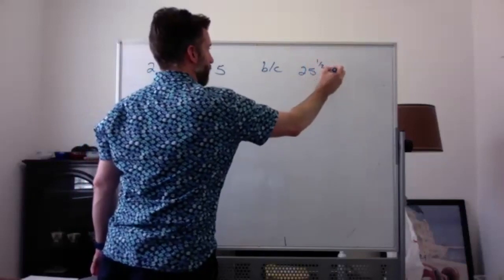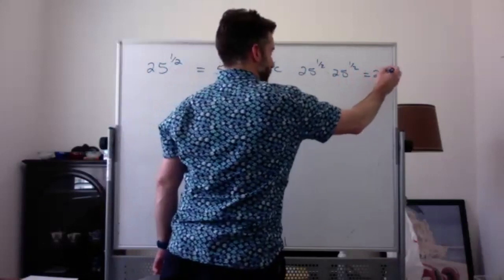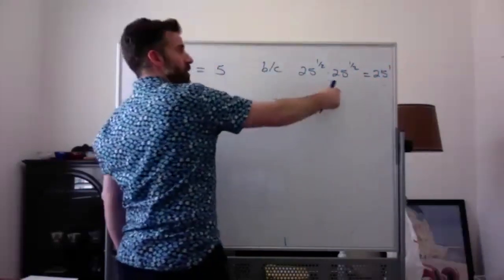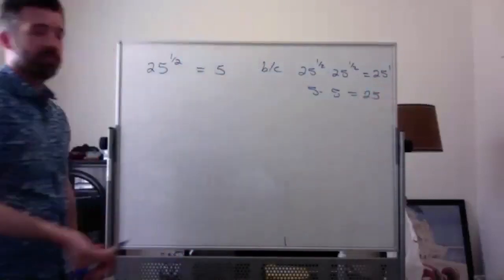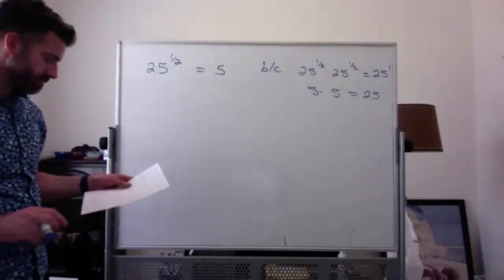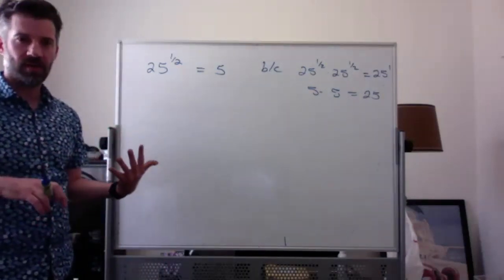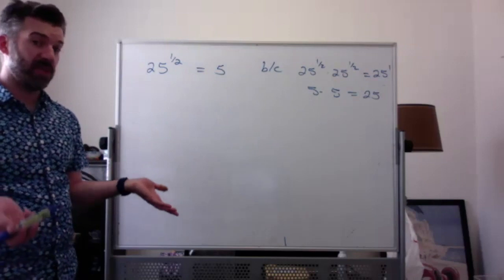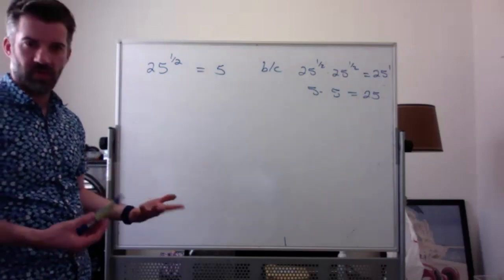Because 25 to the 1/2 times 25 to the 1/2 is equal to 25 to the 1, or 5 times 5 equals 25. So when I think of a 1/2 power, I'm not finding 1/2 of the number. Half of 25 isn't 5. Half of 25 is 12.5.